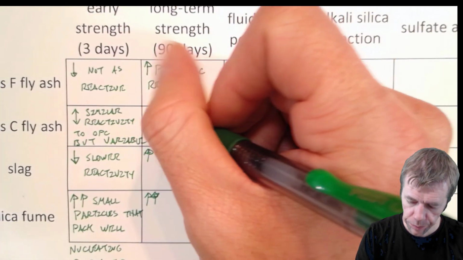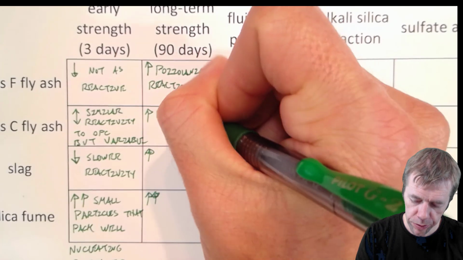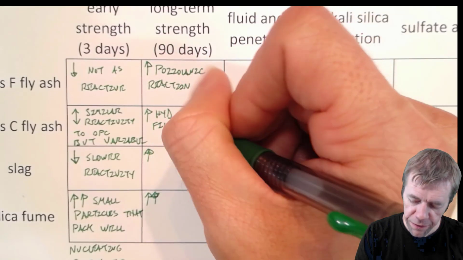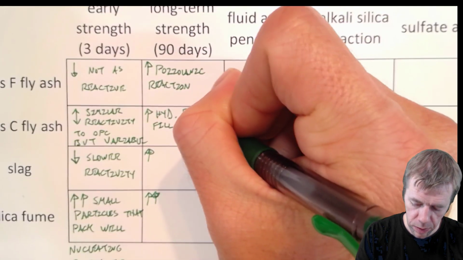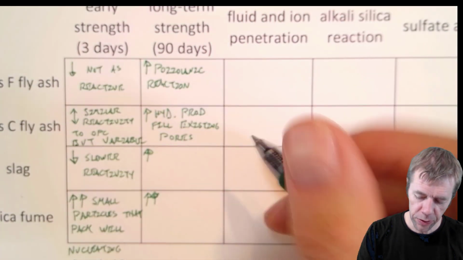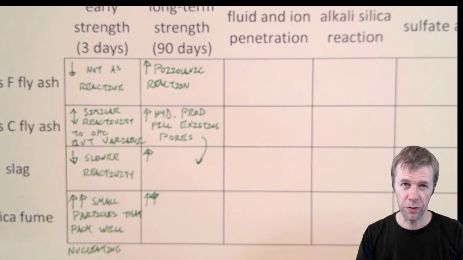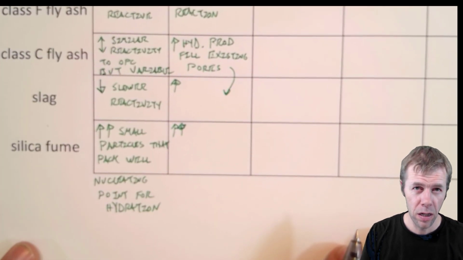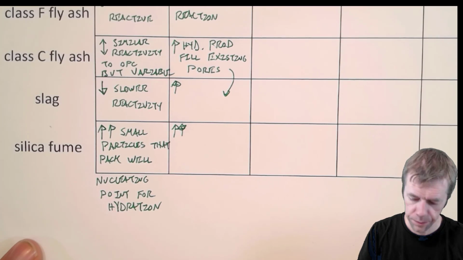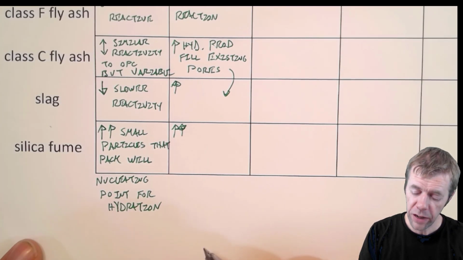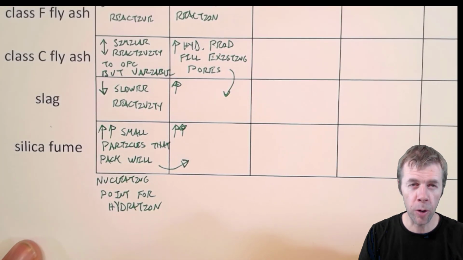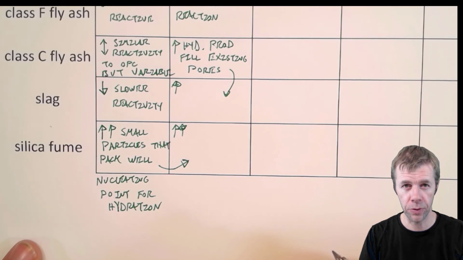Well, the hydration products fill the existing pores. And that's also true down here for slags. That's why they're effective. And for silica fume, it's got a similar answer as this one. These really small particles, not only do they help with early age strength, they'll help with long-term strength as well.